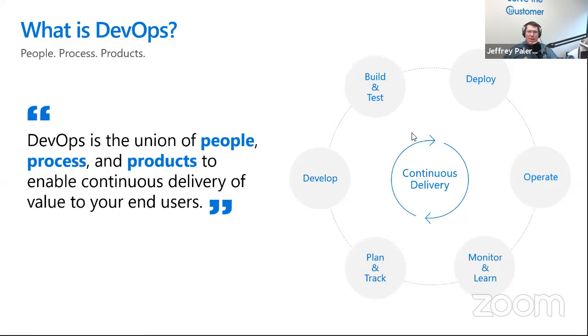So continuous is a watchword, and you see there's 6 categories here. And I want to dive in, not just blaze through here. I'll touch on this later, but we have these categories: build and test, develop, plan and track, monitor, operate, deploy. And from a sequencing perspective, you're really going to make your plans first.